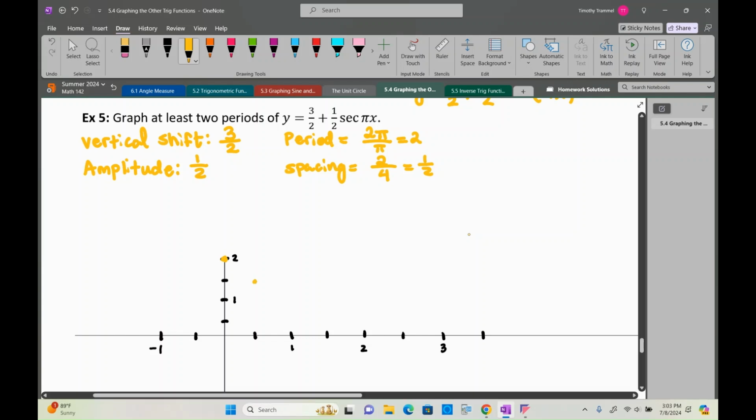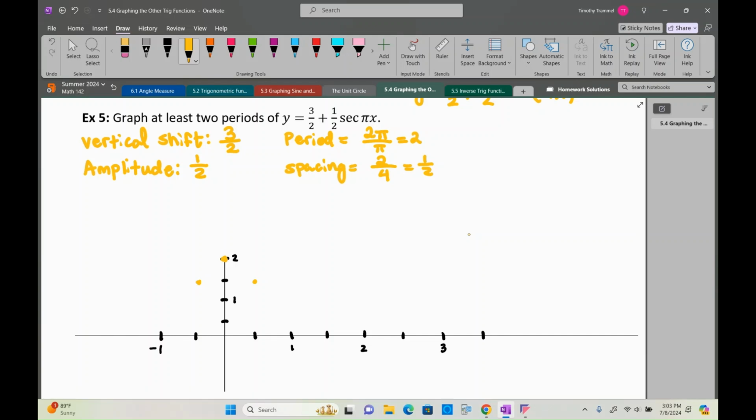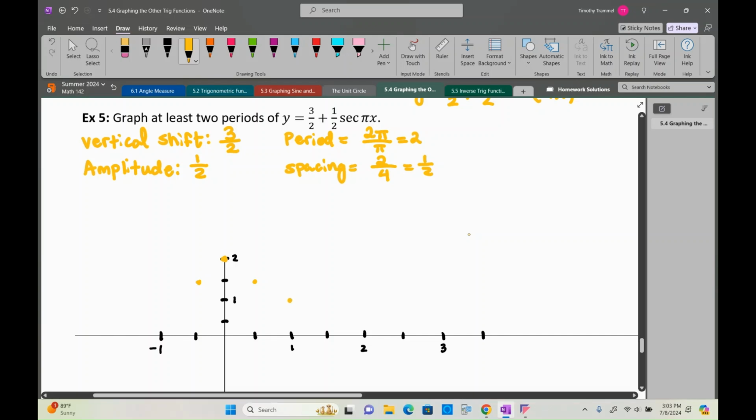And so again, our amplitude's a half, so I'm just going down a half at a time here. And if I go another quarter point over, I should go down another half, which will bring us to the bottom of the wave. About right here. There we go. And then if I go over to the next quarter point here, I should go back up to the middle of the wave. And then at 2, I should be back up to the top of the wave, which also has a y value of 2.